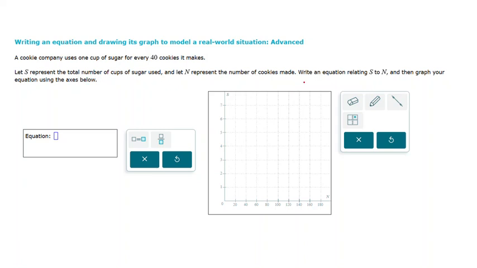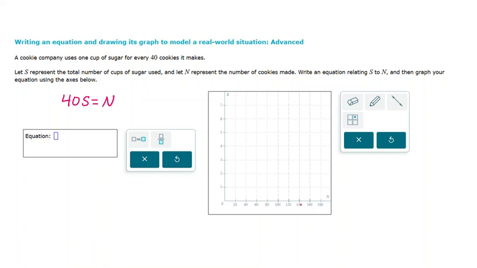So in terms of my equation, relating S to N, S is the number of cups of sugar, N is the number of cookies. I multiply the number of cups of sugar by 40. So if I have 1 cup, I make 40 cookies, 2 cups will make 80 cookies, etc. So I can write the equation this way.